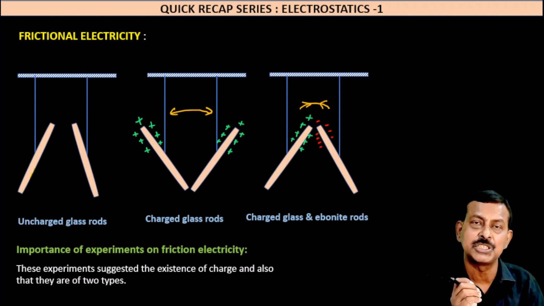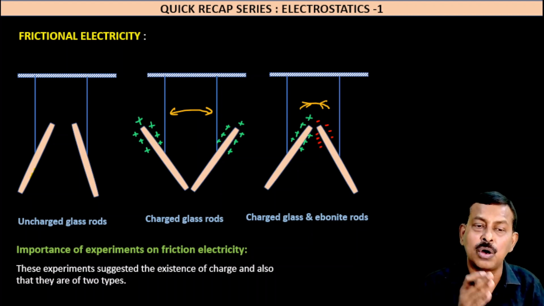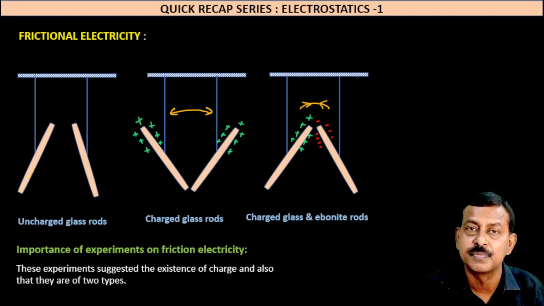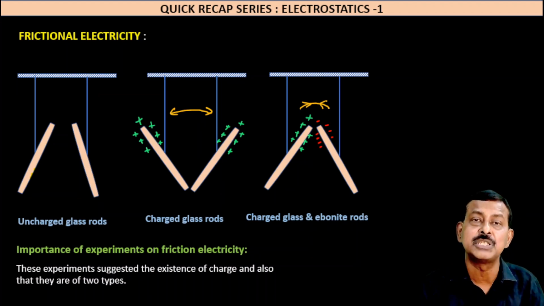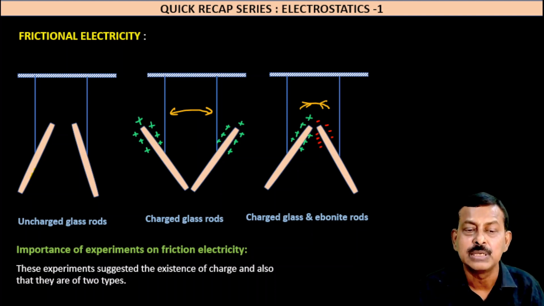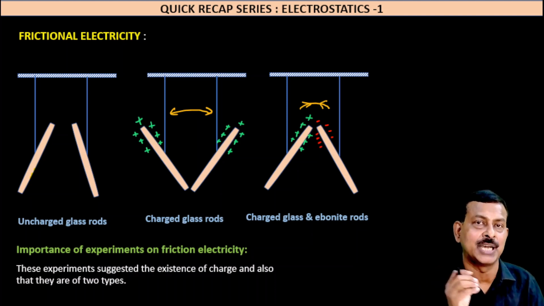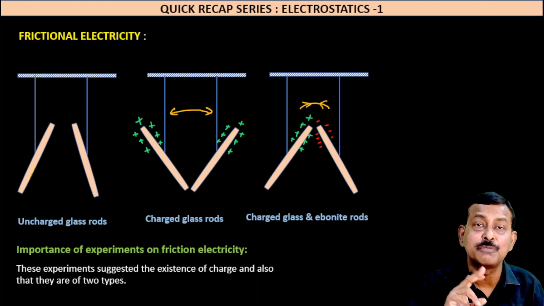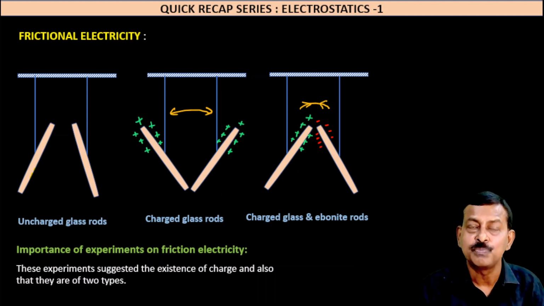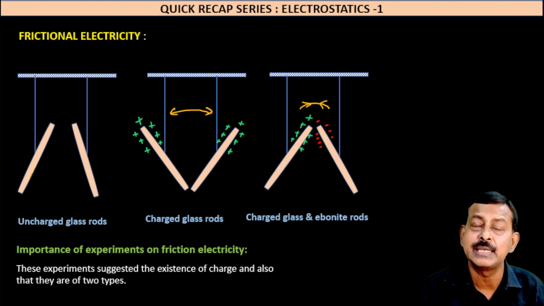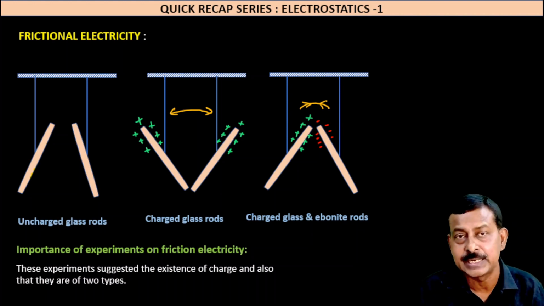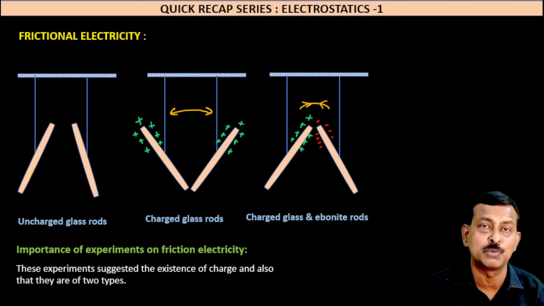These are the observations made on frictional electricity. With these observations, they came to the conclusion that bodies possess charge, and it is of two types. Why is it so? Because if you take two bodies and there is a repulsion, by that time it was only the gravitational force which was known.